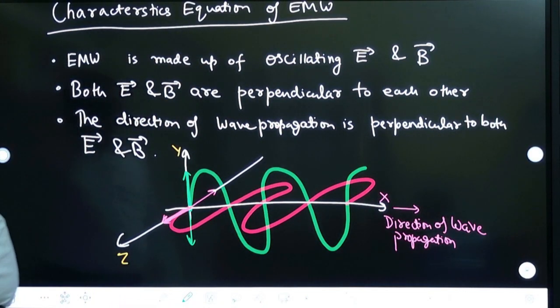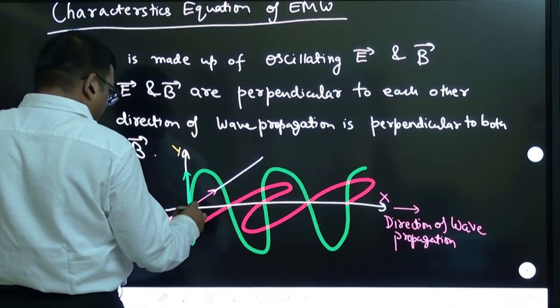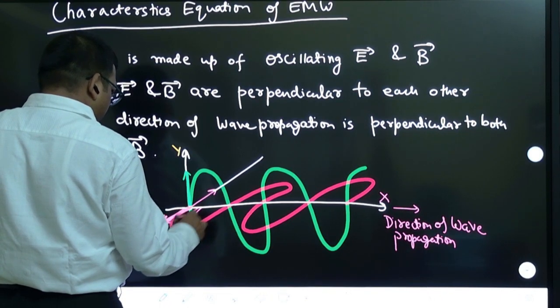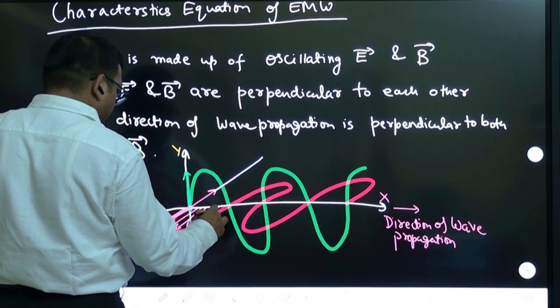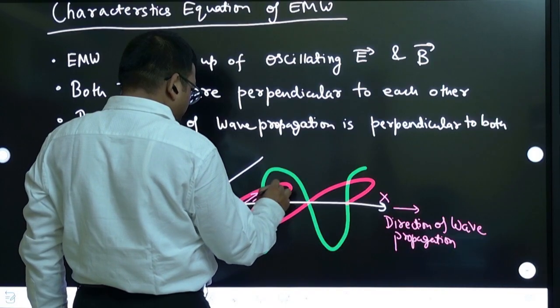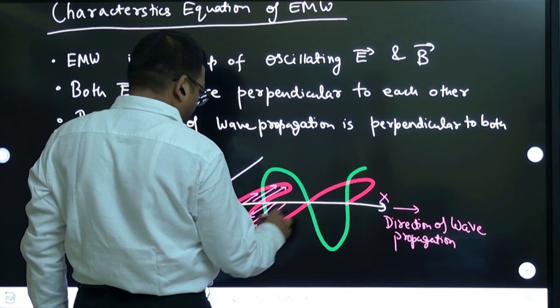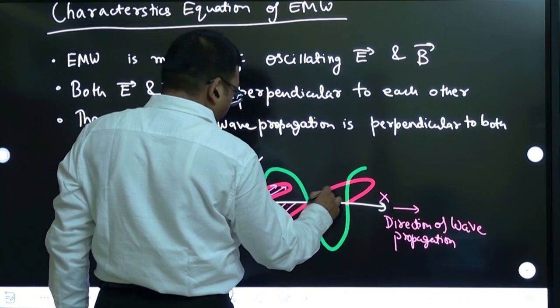The magnetic field goes to maximum, then decreases and becomes 0, then goes to maximum again in the negative direction, and continues like that.